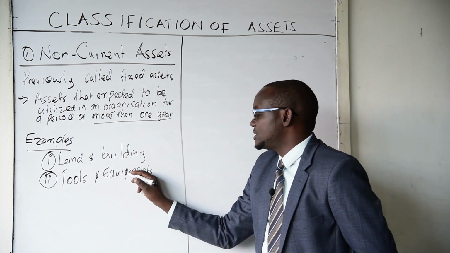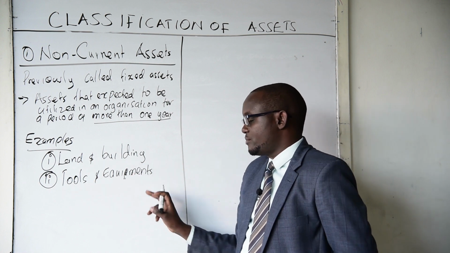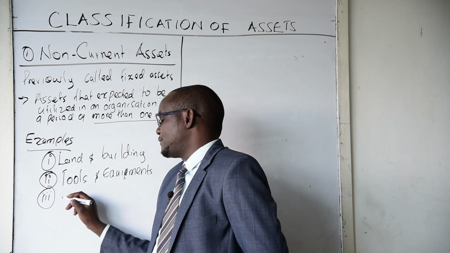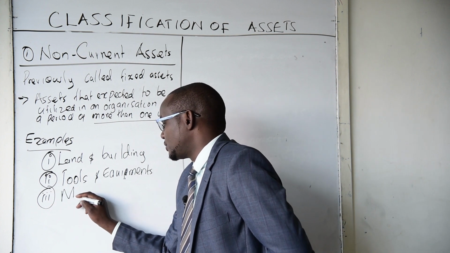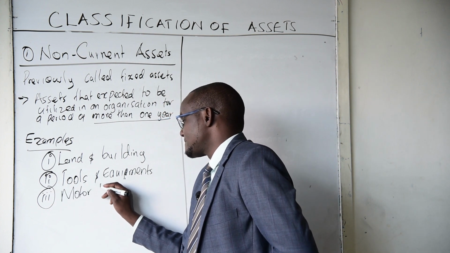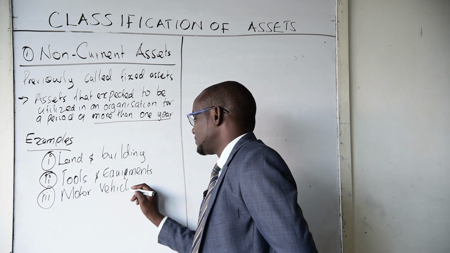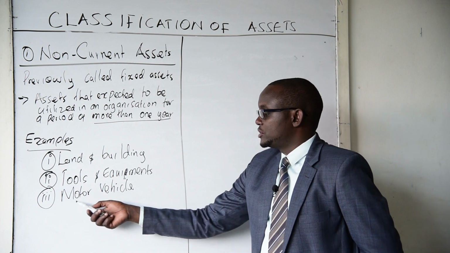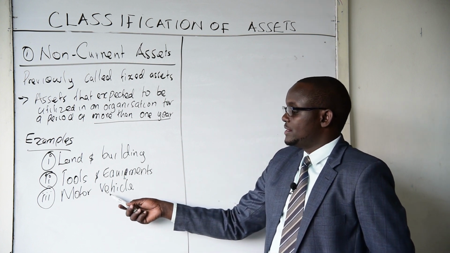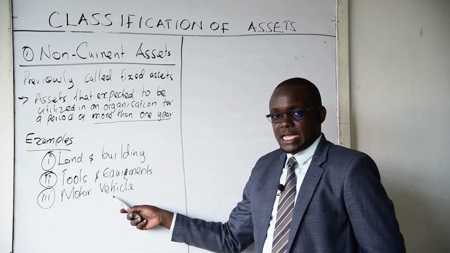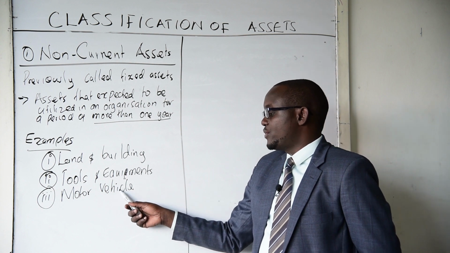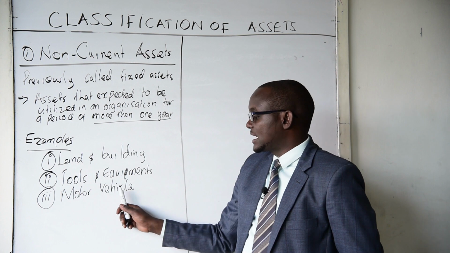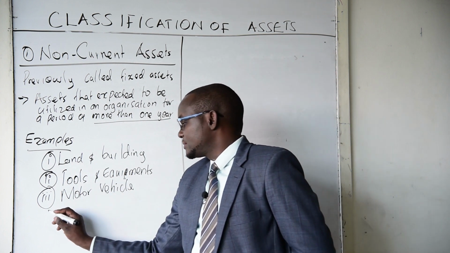Any equipment that you use in an organization falls under tools and equipments. Number 3, we have motor vehicles. Of course, you know what motor vehicles are, and this also sometimes includes motorcycles, which are sometimes classified under motor vehicles.